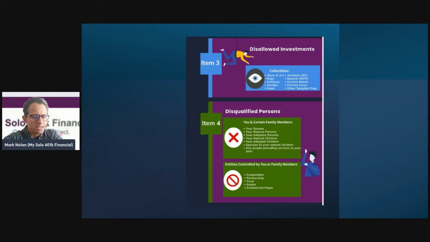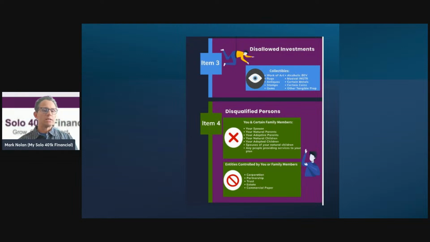Disqualified persons. We touched on this already. Here are examples of disqualified self-directed 401k individuals. So these are individuals that you cannot invest your self-directed 401k with. So your spouse, your natural children, your adoptive children, your spouse's natural children, essentially anyone that also provides services to the 401k plan, such as your CPA or your attorney or even your self-directed 401k provider.